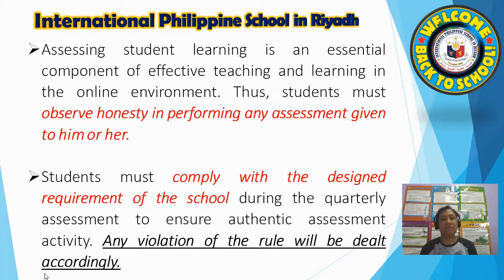Thus, the student must observe honesty in performing any assessment given to him or her. A student must comply with the designed requirement of the school during the quarterly assessment to ensure authentic assessment activity, and any violation of the rule will be dealt with accordingly.